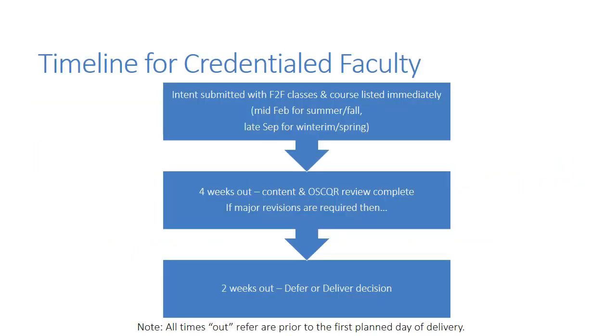So let's look at the timeline for credential faculty. And these are people, of course, who've taught online before and passed PTOL. So they're given a more relaxed timeline, and they will submit their intent form at the same time as the class schedule is put together.